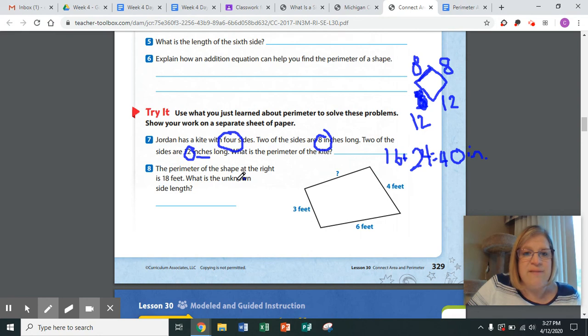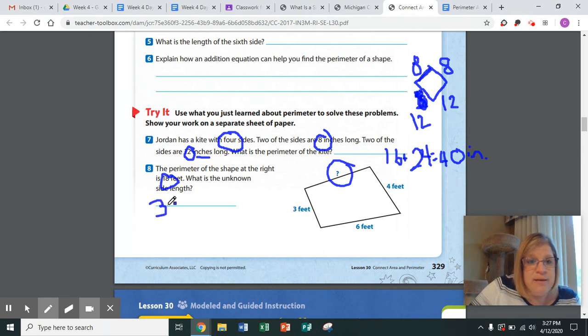The perimeter of the shape at the right is 18 feet. So it gave me the total. All the way around is 18. So I need to figure out this question mark. So what did you do? Good. I hope that you added 3 plus 6 plus 4.